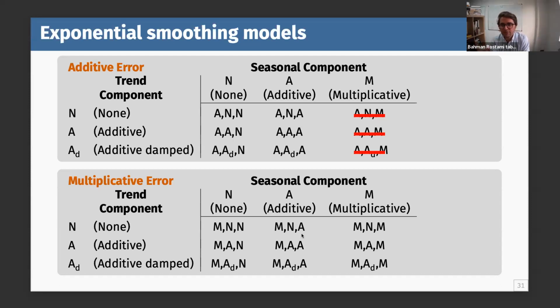Now, if your time series has trend or seasonality or a combination of both, exponential smoothing can deal with that. We can combine these components in different ways: additively, multiplicatively, or mixed.